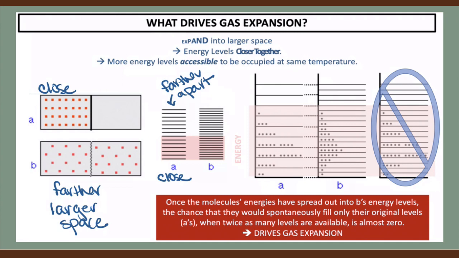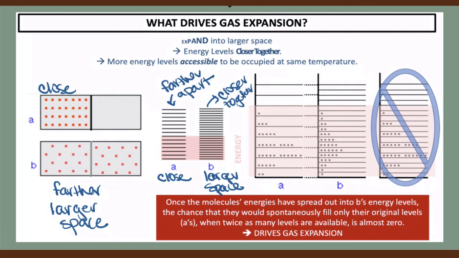And when the molecules are in a larger space, the energy levels are closer together. Why this happens, you are going to have to take physical chemistry or quantum physics for. There's a mathematical formula for that, but here you'll have to take our word for it. When the molecules spread out into a bigger space, there are more energy levels closer together.